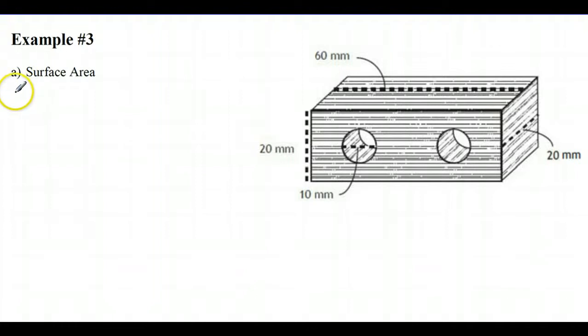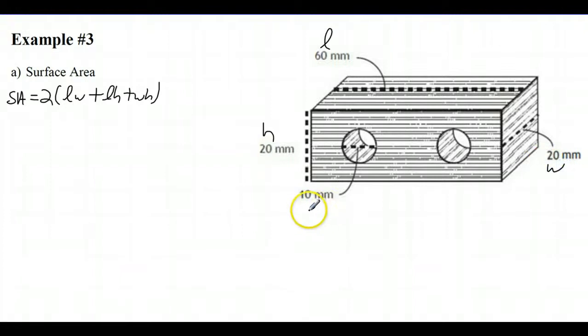For the prism, it's 2 times length times width, plus length times height, plus width times height. If we call this L, and this H, and this W, and we'll say here that the radius of that is 5 millimeters. So we've got 2 faces, front and back, 2 top and bottom, left side and right side, and then we need to subtract from that 4 circles.